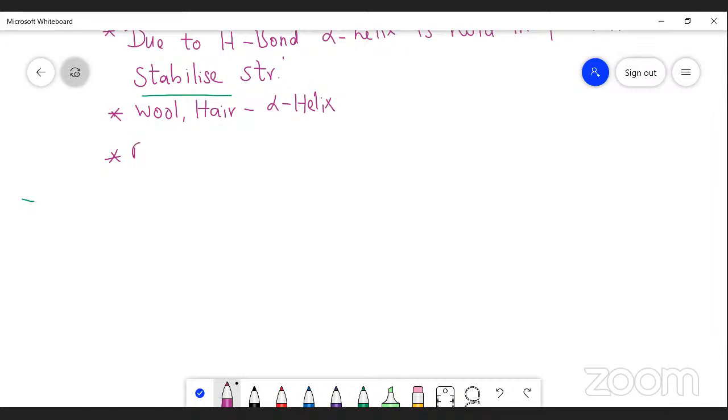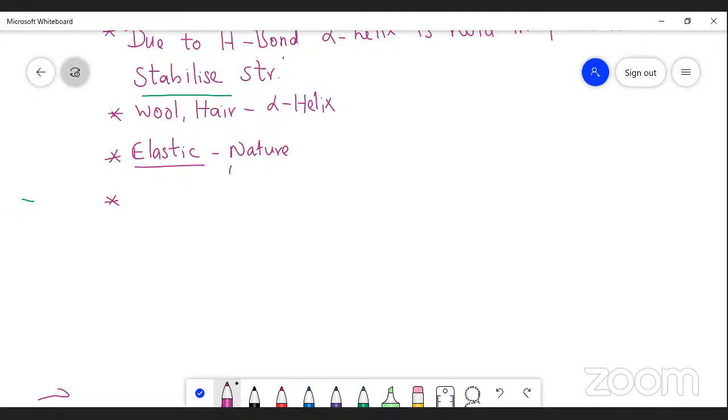Here the alpha helix structure is of elastic nature. How is it elastic? If we stretch it, what will happen? The hydrogen bond is breaking. Then if we release the tension, the hydrogen bond is reformed, so it is of elastic nature.